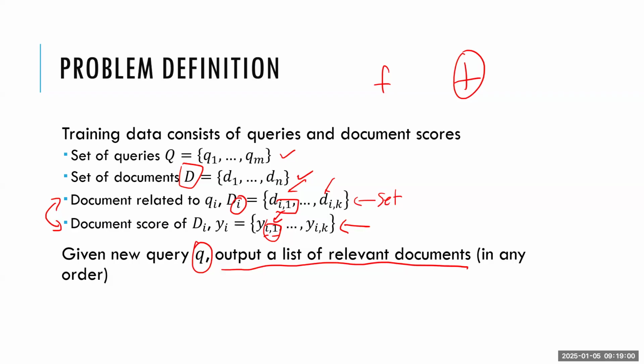Depending on the method you use, and also how you define the score, some of the measurements only care about whether whatever you return is relevant to the query or not, in any particular order. Some of the metrics will actually consider the ordering of the items, and then we will see which metric caters to which case.